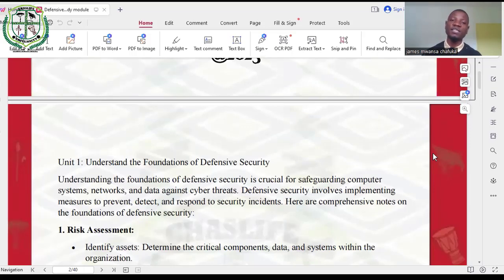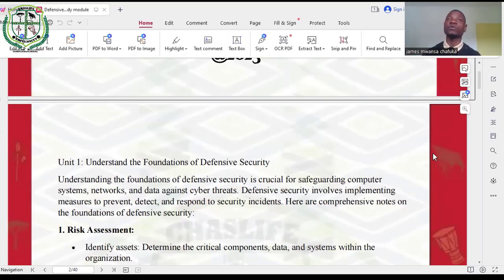Understanding the foundation of defensive security is crucial for safeguarding computer systems. So in order to safeguard the computer system, it is very important that you, the students, should be able to understand defensive security.